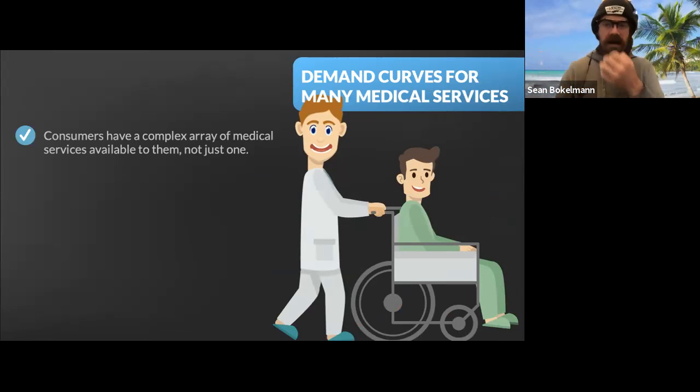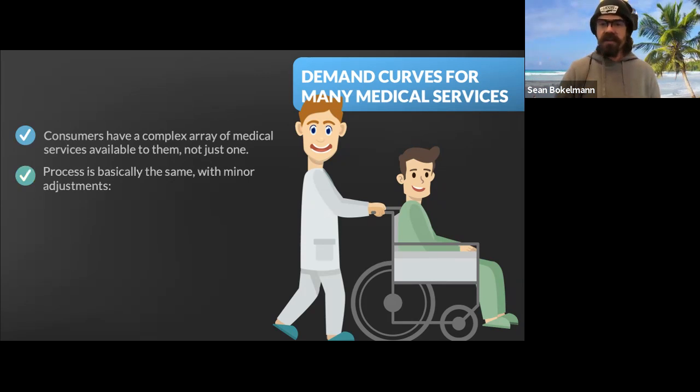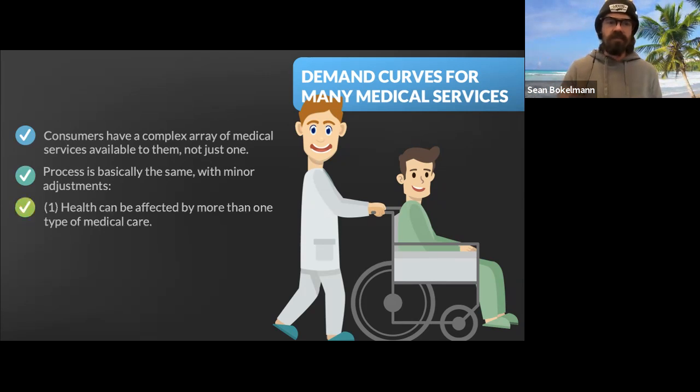Making the model a little bit more realistic in this sense makes the theory a little more complicated, but the process is basically the same with a couple of minor adjustments. Those minor adjustments are recognizing the fact that, one, health can be affected by more than one type of medical care. We've already mentioned that one actually in this discussion.